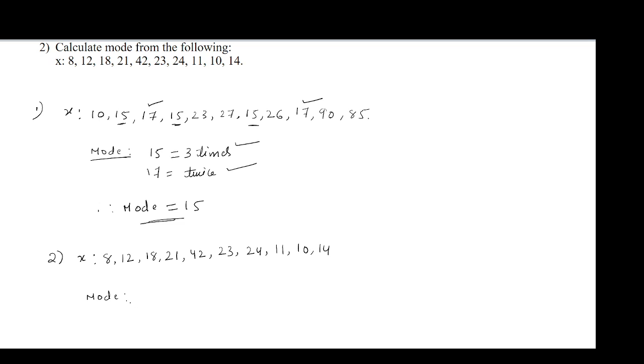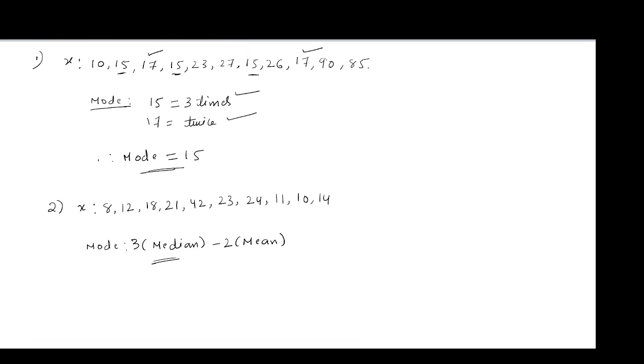When such a situation is given, we have a formula for calculating mode. Mode is equal to 3 times median minus 2 times mean. This is the formula we have to use for calculating mode whenever the numbers are not repeated.